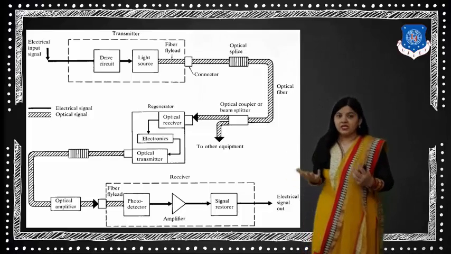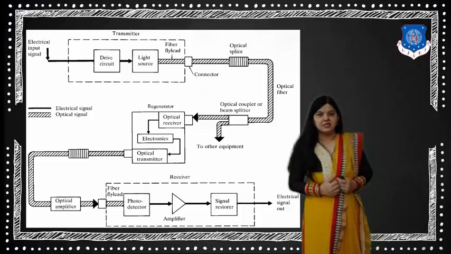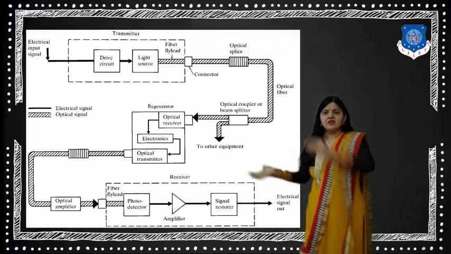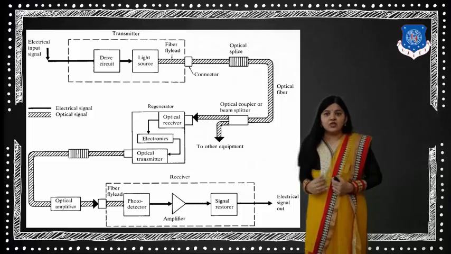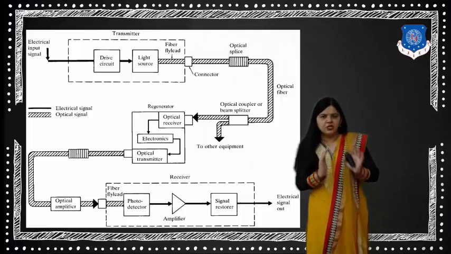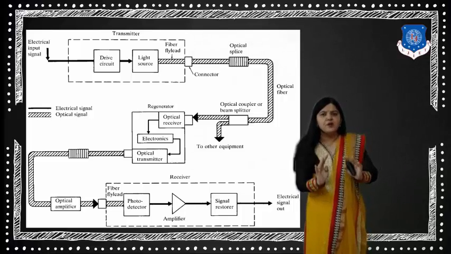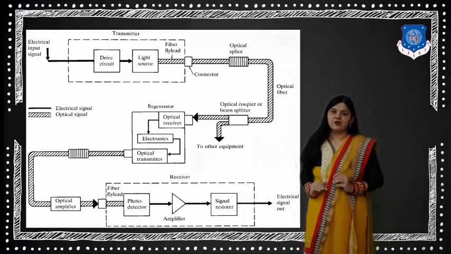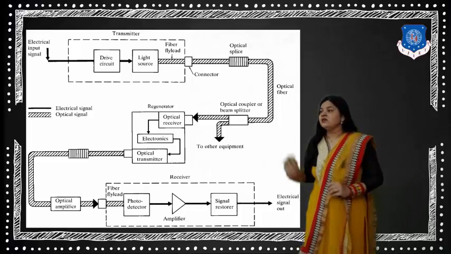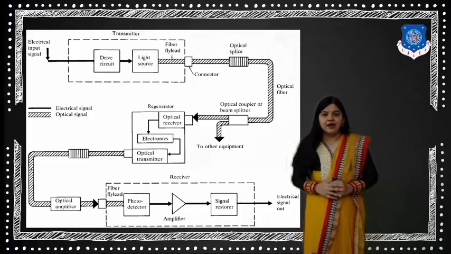We need to restore the signal shape. That is why such devices are used in between, so that the signal is protected and the same form which we used in the transmission is received at the receiving end. So we have the optical amplifier.